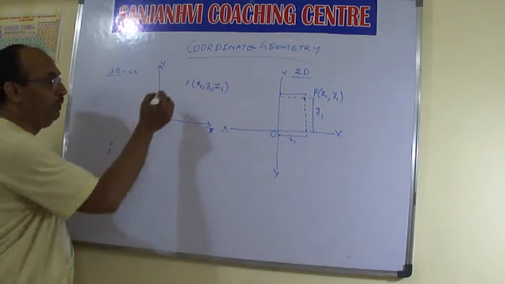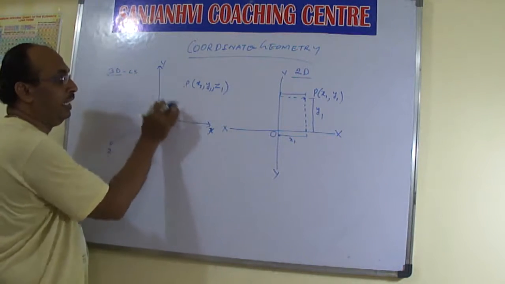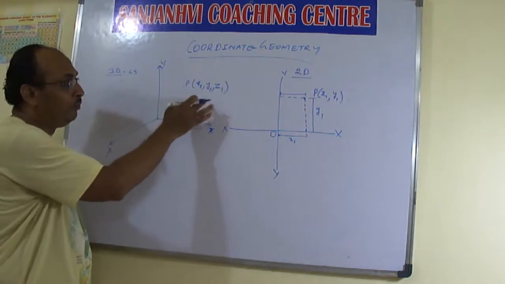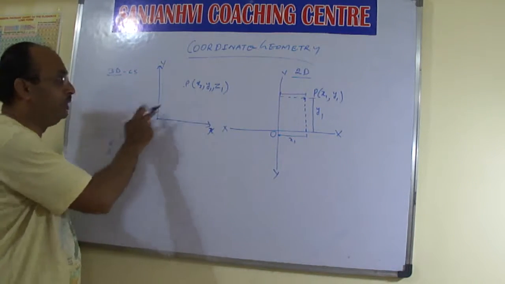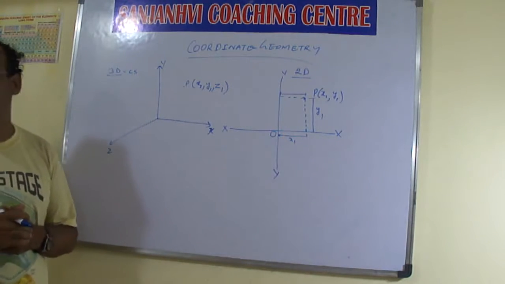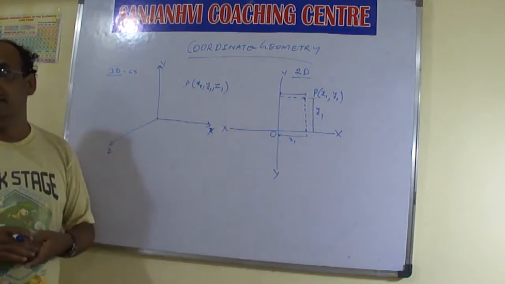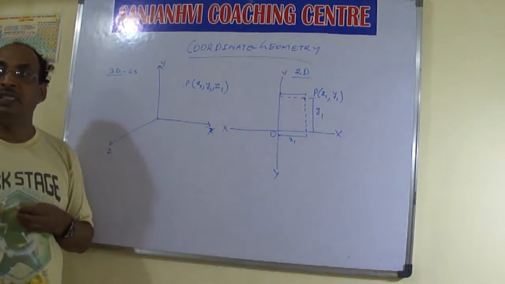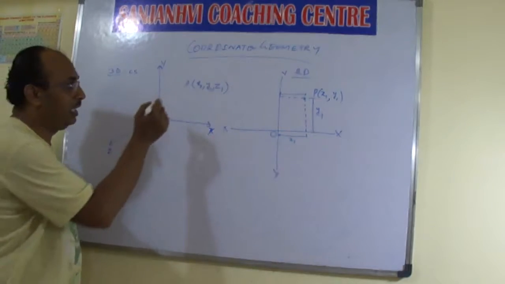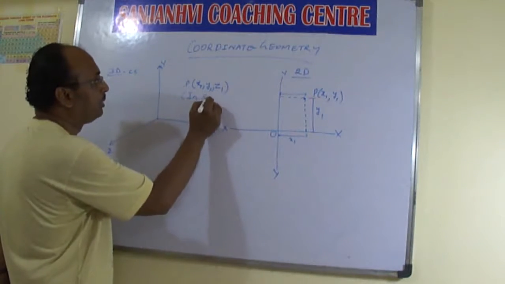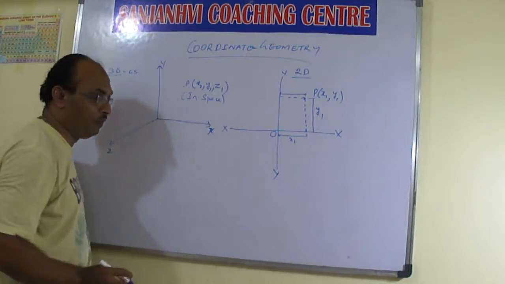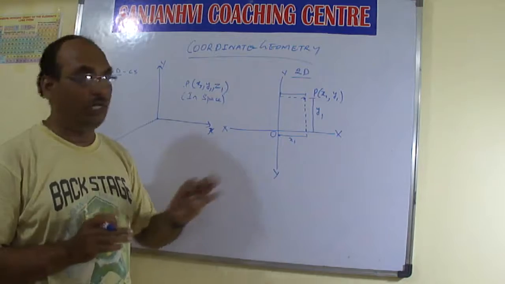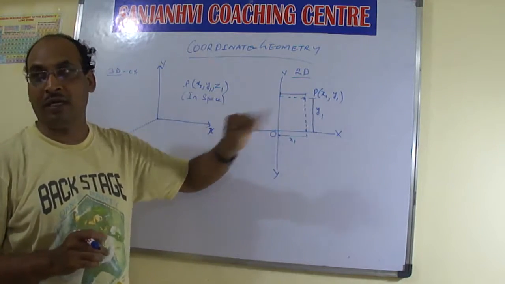So that point P will be represented in terms of three coordinates: how much distance from the x-axis, how much from the y-axis, how much from the z-axis. That will be represented in the three-dimensional coordinate system when the object is in space. But for our study purpose, in 9th standard we discussed the two-dimensional coordinate system, only x and y. So only two coordinates are there.